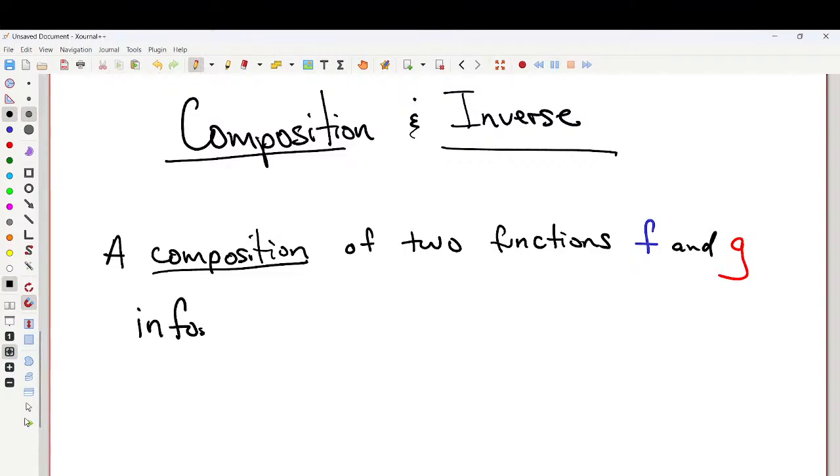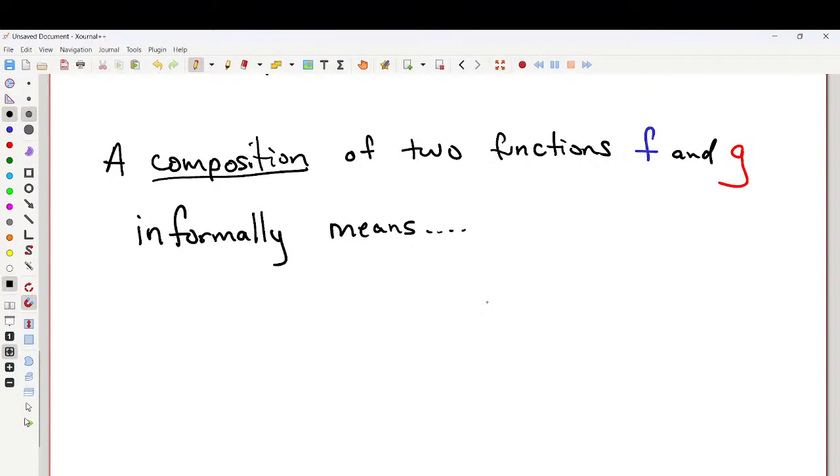Informally, so not mathematically proper, but just to get at what it means, let's start with the number 5. Could have anything here.